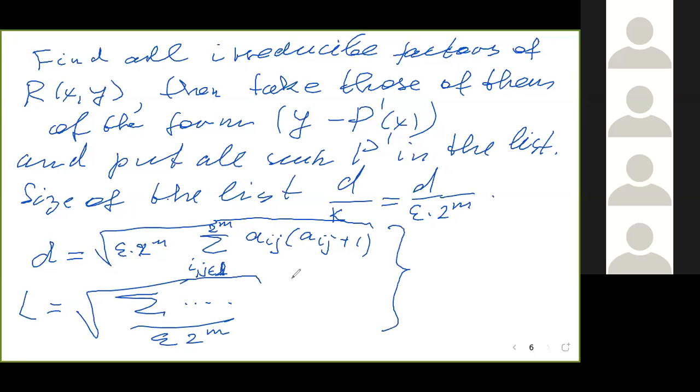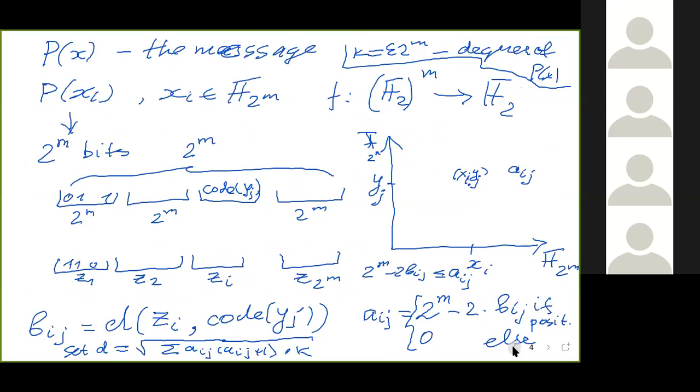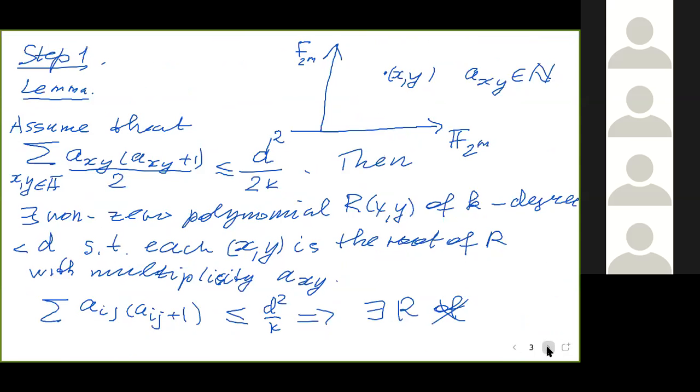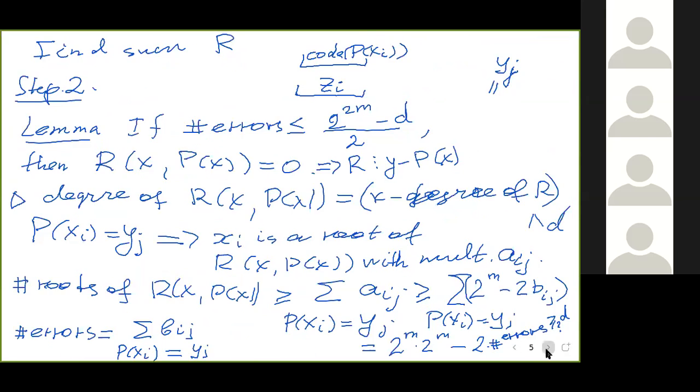So this is what we obtain, but still we need to upper bound this, because to prove the theorem in the form we have stated, we have stated that the size of the list is that much and the number of errors will be that much. By the way, we forgot to say how many errors we correct.